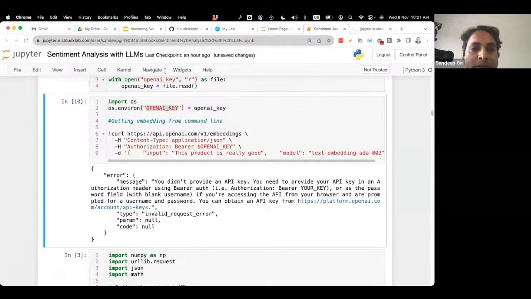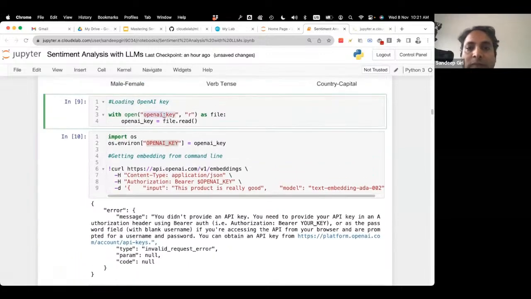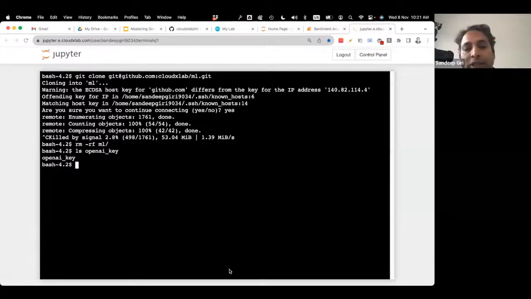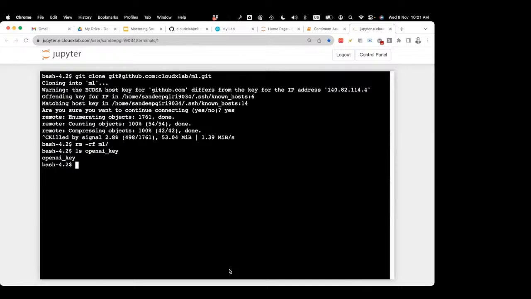Are you sure you put this OpenAI key? Yeah, if you check the home page, your Jupyter home directory, you will be able to find it there. For a moment, I'll pause my screen share. Oh, it's empty. Oh, sorry, I'll add it.